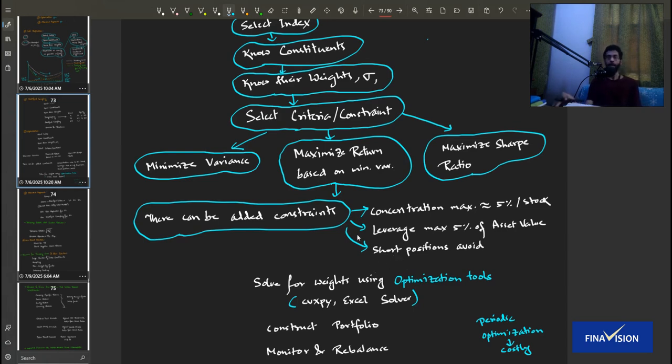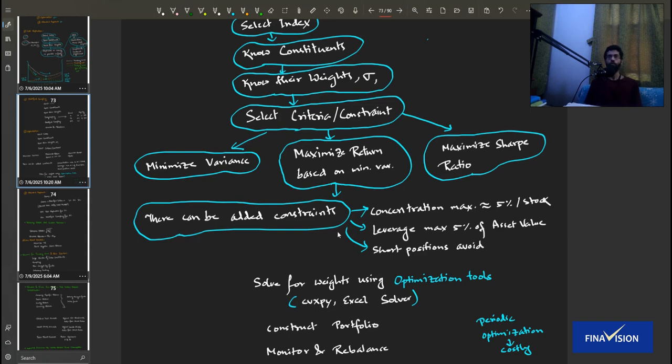Now, based on all these constraints and based on the target criteria, the optimization tools are deployed. And then the weights are taken out. Based on these target criteria and applied constraints, the weights need to be figured out.